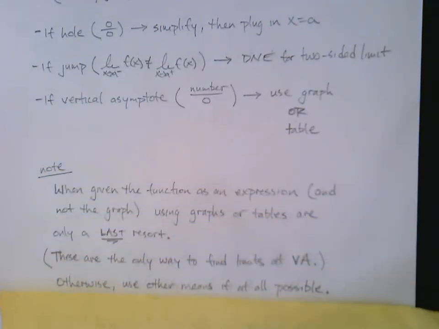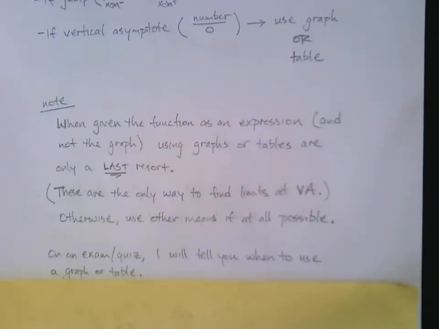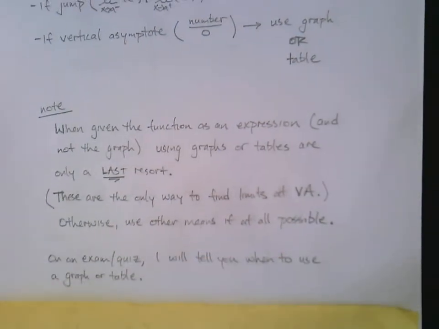So here's my note. I really just said this out loud, but it deserves repeating. And then I've got another note about exams and quizzes. When given the function as an expression, so when you have the function written out, x squared plus such and such, and you're not told what the graph is, using graphs or tables are only a last resort.